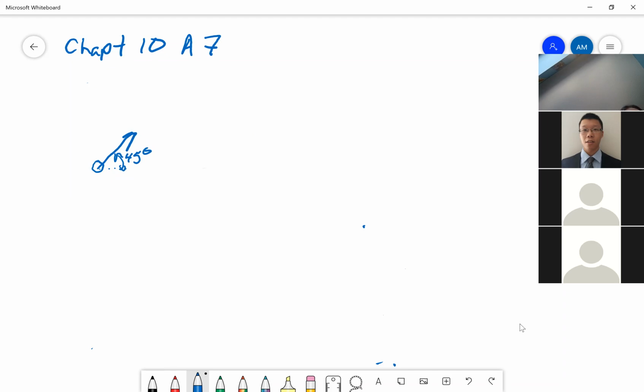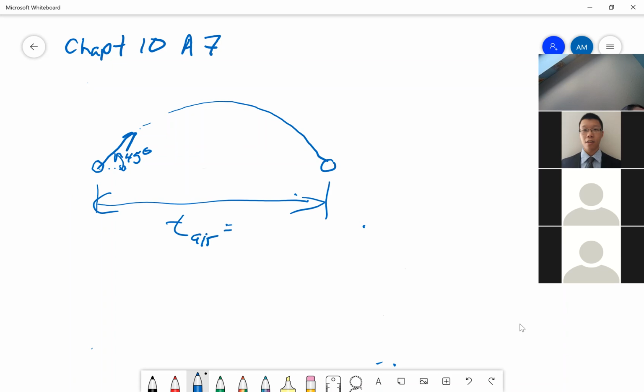And it is in the air, and then it's going to come around and it's going to land, and the time in air equals, I mean, that's obviously the horizontal distance, but the time in air is 3 seconds.